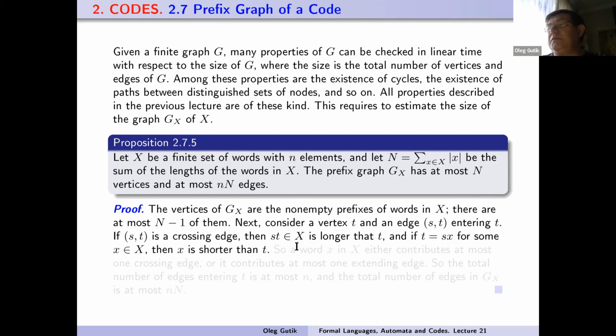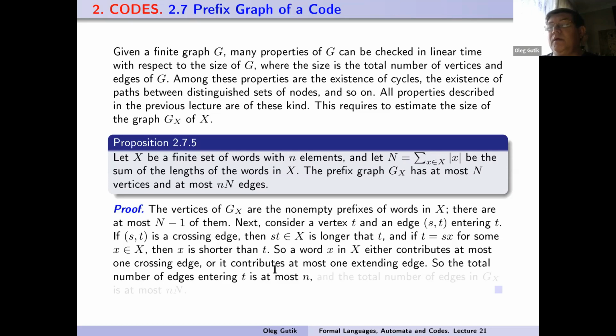And if the word t is equal to sx for some word x from X, then x is shorter than t. So a word x in the set X contributes at most one crossing edge, or at most one extended edge. So the total number of edges entering the word t is at most n, and the total number of edges in the graph G(X) is at most n times N. This completes the proof of the proposition.